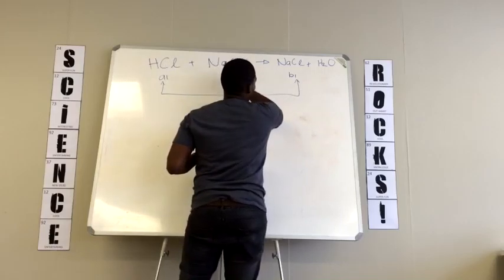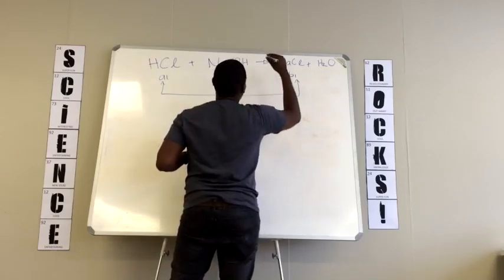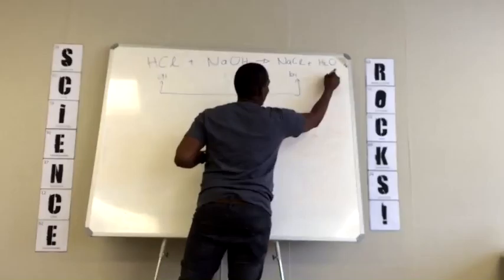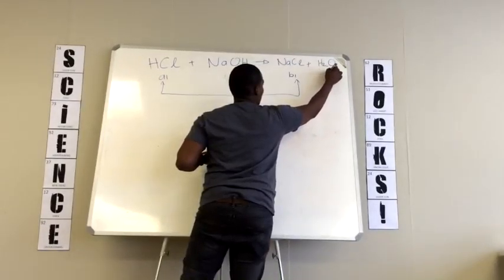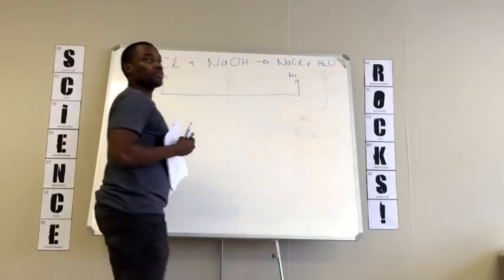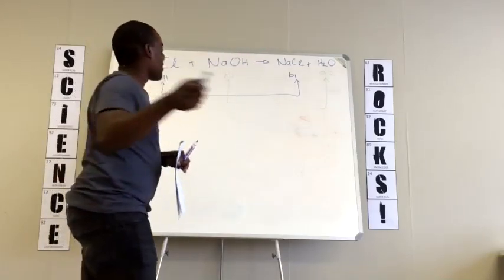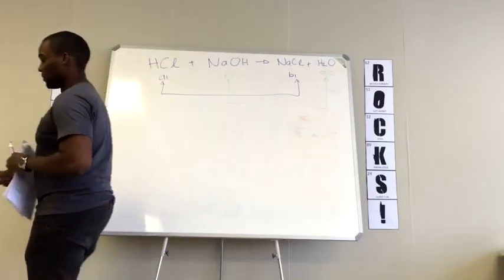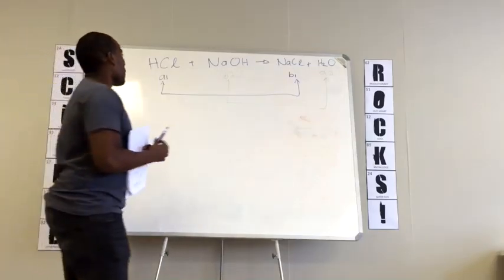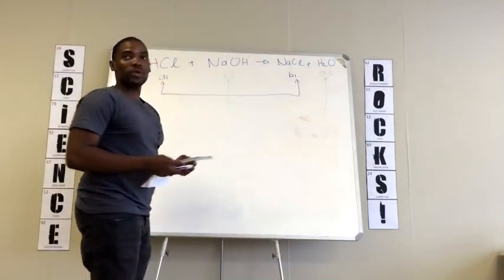It gives the sodium away, it doesn't matter, but then picks up the H from the HCl to form our conjugate acid. Yes? And this is called? Our conjugate acid base pair. Well done.